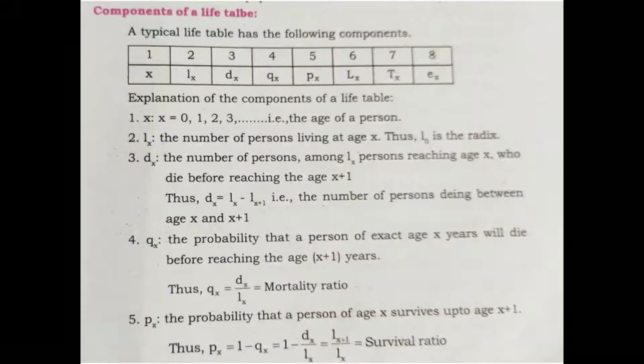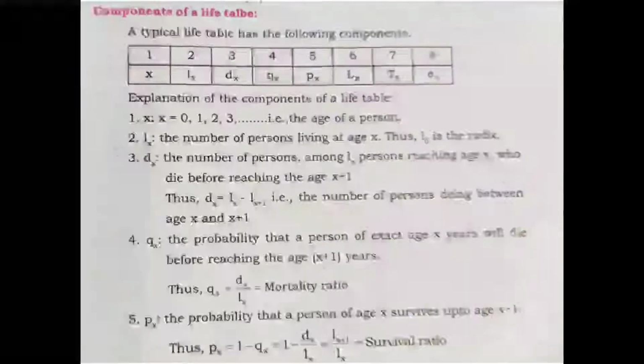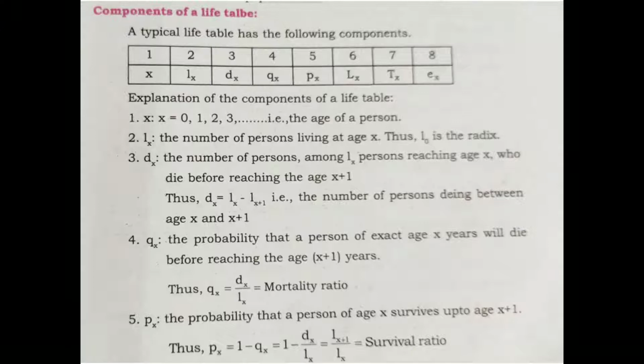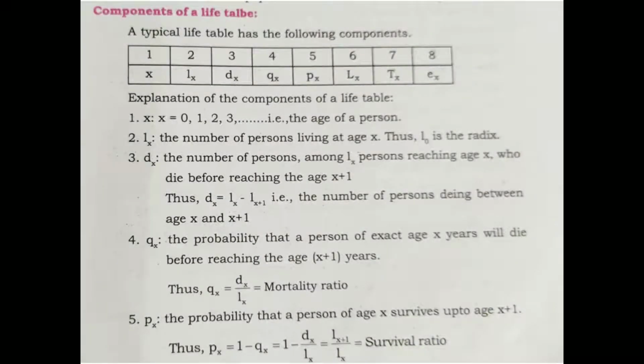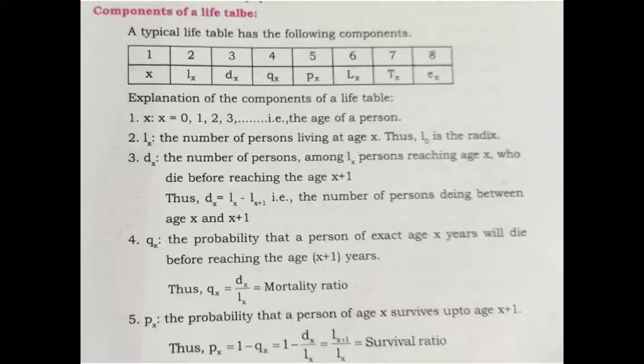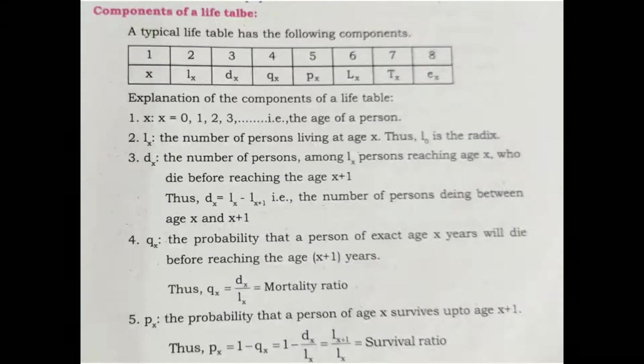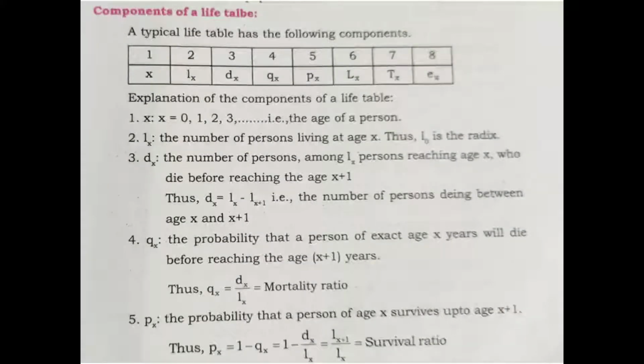dx is the number of persons among lx persons reaching age x who die before reaching the age x plus 1.